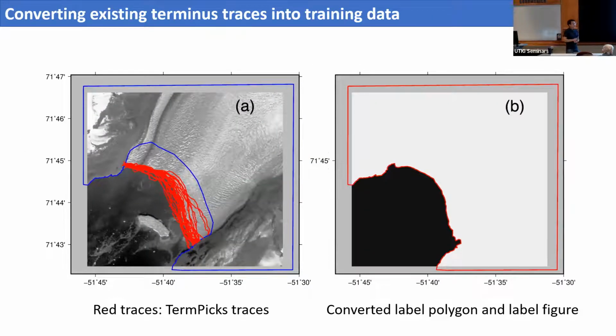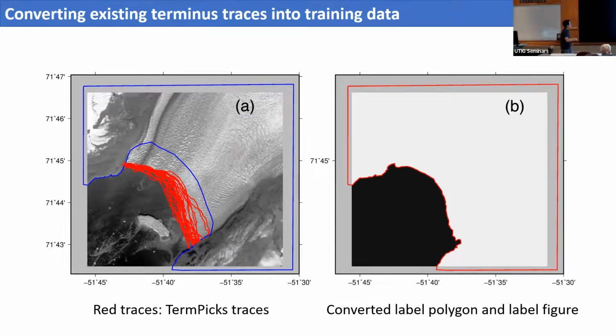But the problem is that the terminus traces in TermPicks are curves, like this one on the right. What we need is a label polygon, a label figure, with the white part showing the glacier and the black part showing the ocean. How can we make such a conversion? We need to prepare a reference polygon, which is the blue polygon shown here.